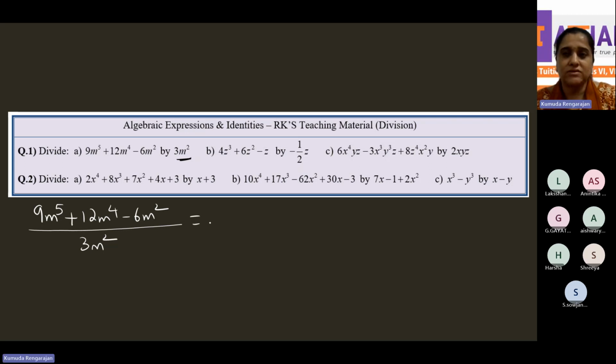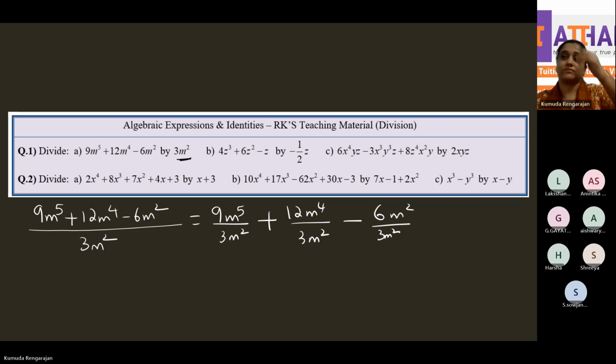So this can be written as: divide the first term by 3m squared, plus the second term by 3m squared, minus the third term by 3m squared. That's all. Finished. Division is over. Divide every term in the numerator by the denominator. And the connecting signs stay as they are: plus means the connecting sign is plus, minus, minus.